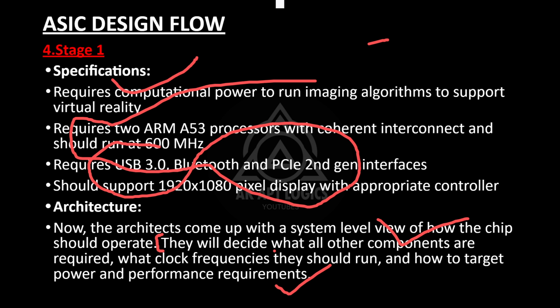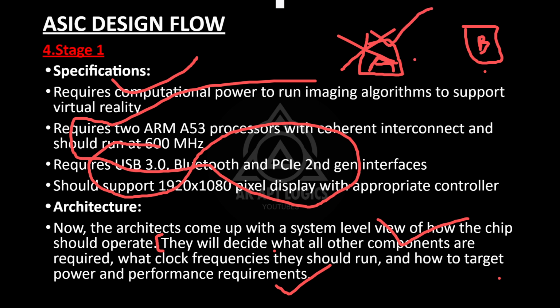If there are two modules in our design previously, and after the architect has designed it, the work of module A can be done by B, then if you neglect module A, the power will be reduced, the area will be reduced, and the performance will be increased, right? Because we are going to neglect one of the modules from the previously present modules. So like this, the architect should think, right?